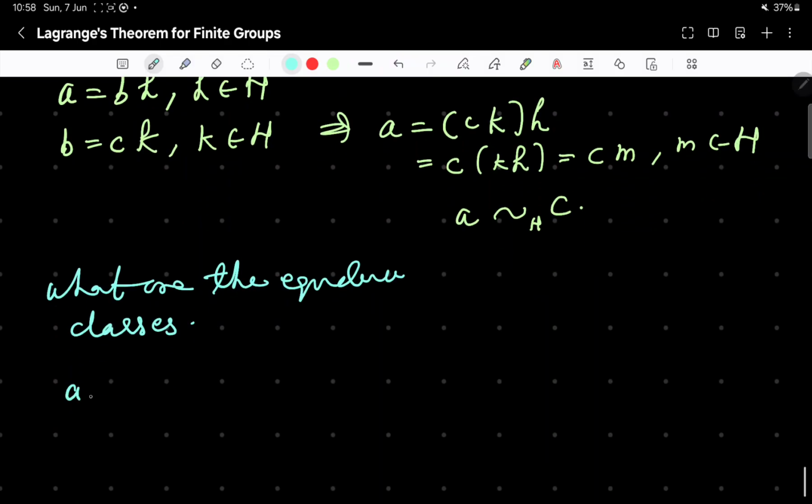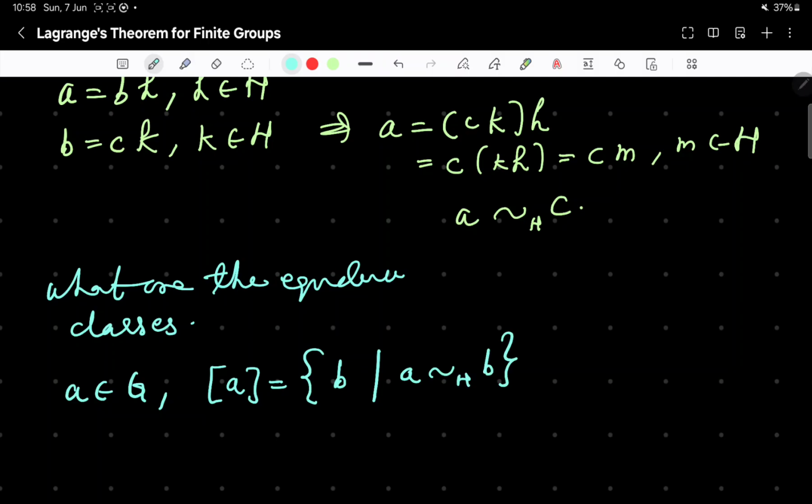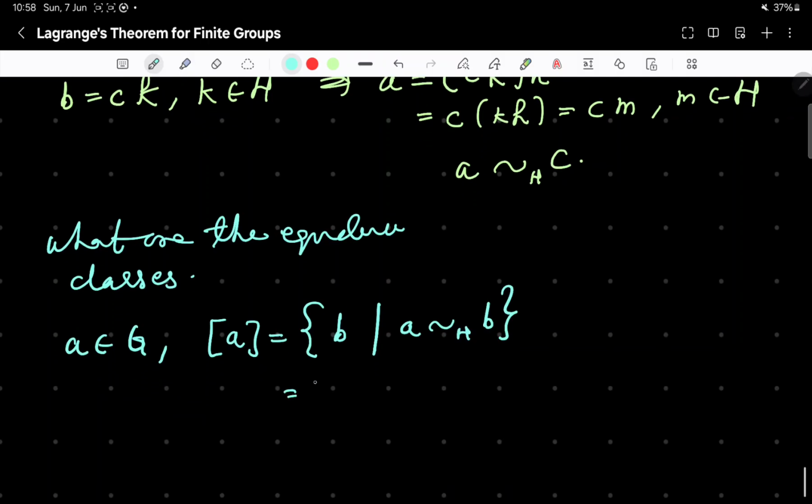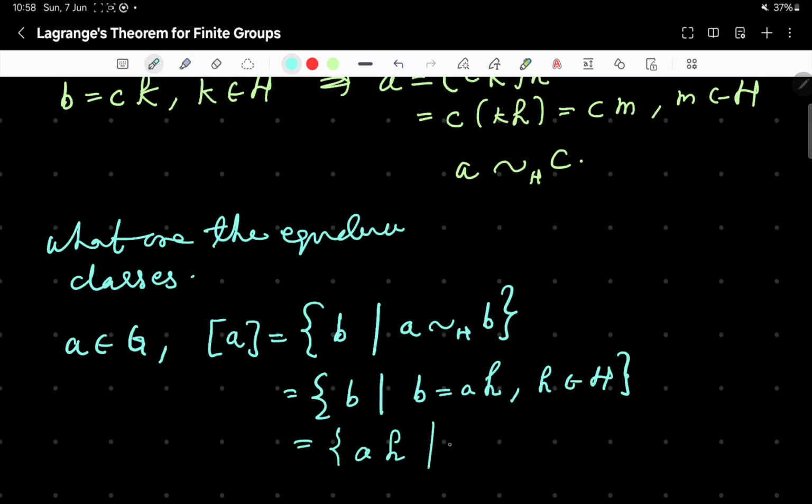Let's take an element a in G. What is the equivalence class of a? What do you mean by that? All elements b such that a is related to b, right? Or we can write b such that b is equal to a times h, where h is in H. So this can be written simply as ah, where h belongs to H. What is this?